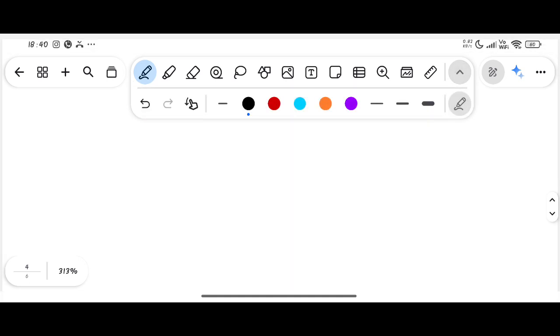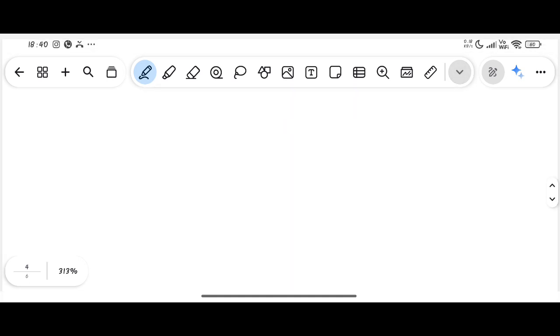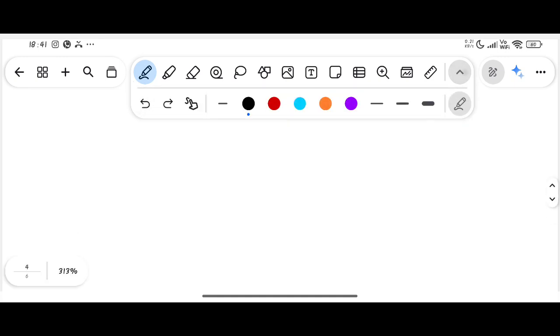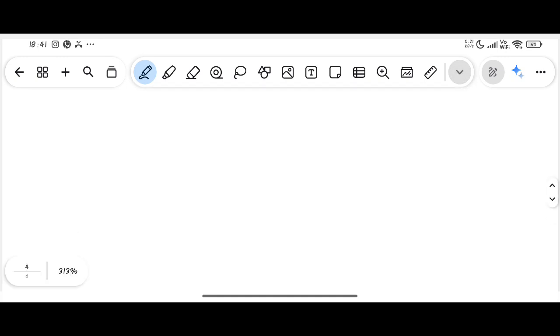This will clear many confusions. Suppose a graph is given like this. I'm not drawing the axes, otherwise it will be messy. So here is the graph.